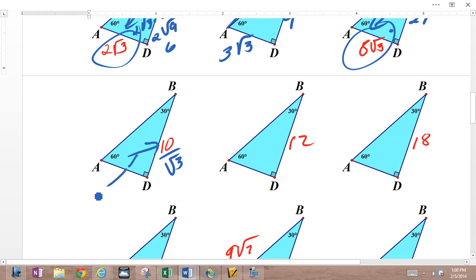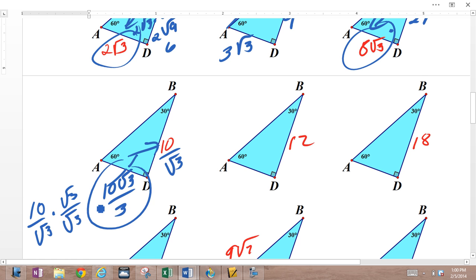So the short side now is 10 divided by root 3, and of course we can't leave it that way, so we rationalize by multiplying by root 3 over root 3. That gives us 10 root 3 over 3 for the short side, the one opposite the 30. Double that would simply be 20 root 3 over 3, and that would be the length of the hypotenuse.